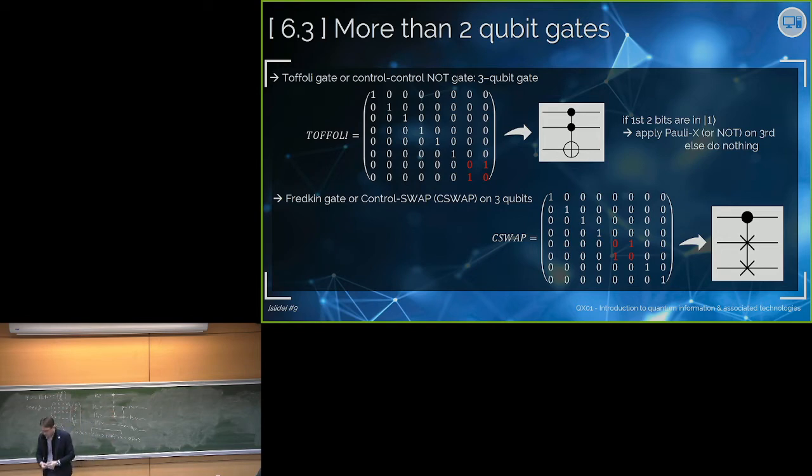So here you do nothing in this case, and then in this case, there's one particular case where the control tells you now you have to swap. And so you swap the other two, and you exchange Q1 and Q0.